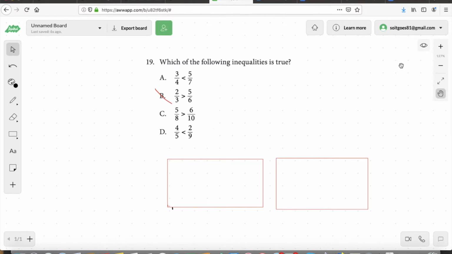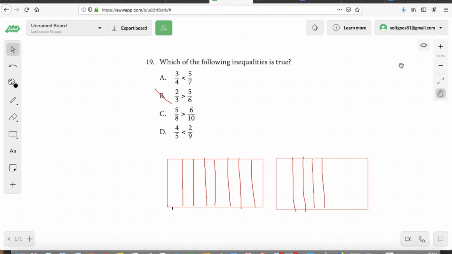So split in half, and then 4 parts within that. That's 8, and then this is going to be 10. 1, 2, 3, 4, 5.